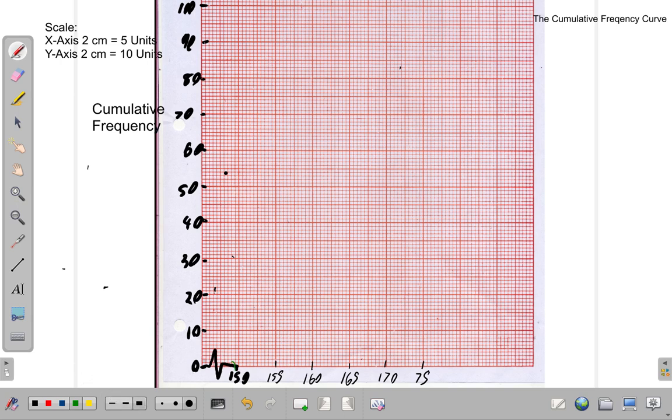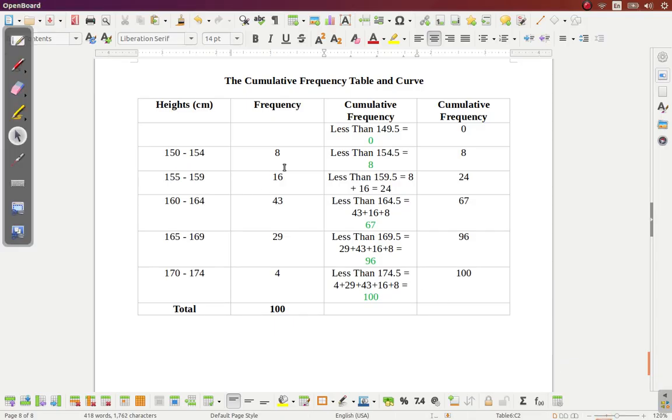So 149.5, about there. Then you look back on the table and say how many were shorter than 154.5. It is 8. Remember, we're looking at shorter than 154.5.